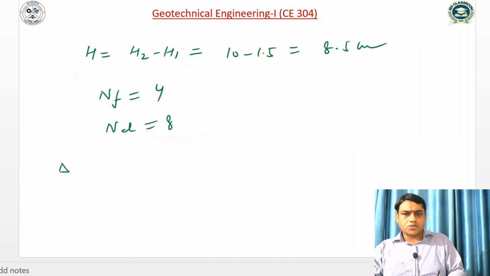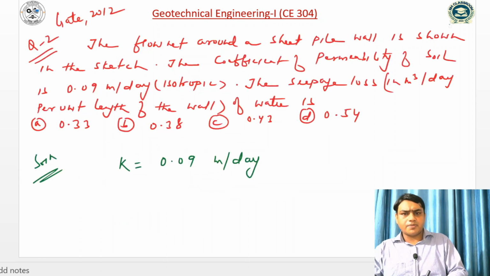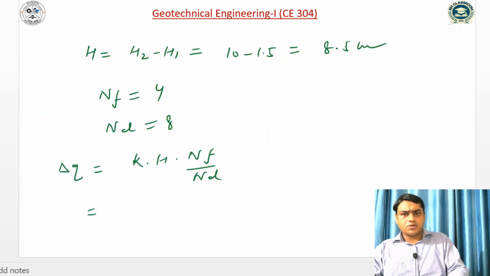So the seepage loss or seepage discharge can be computed as K into H into NF by ND. The coefficient of permeability is given as 0.09. So 0.09 into head 8.5 into 4 by 8.